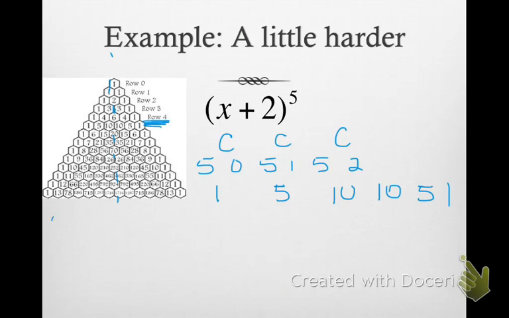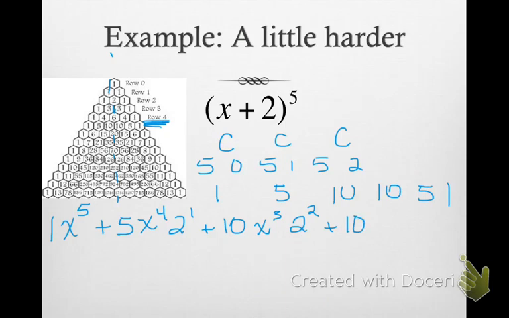So we start off with a coefficient of 1, take the first term, raise it to the highest power, and the second term is to the 0th. Take the next coefficient, lower this exponent, raise this one, next one, lower that one, raise the 2 to the 2nd power. Now work our coefficients back down. Drop this to 2, raise this to 3.